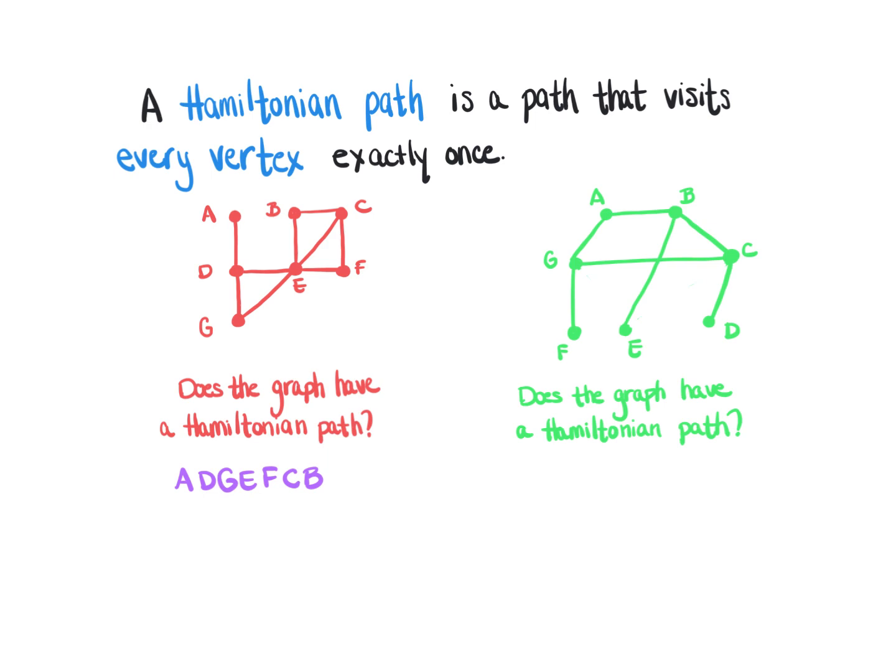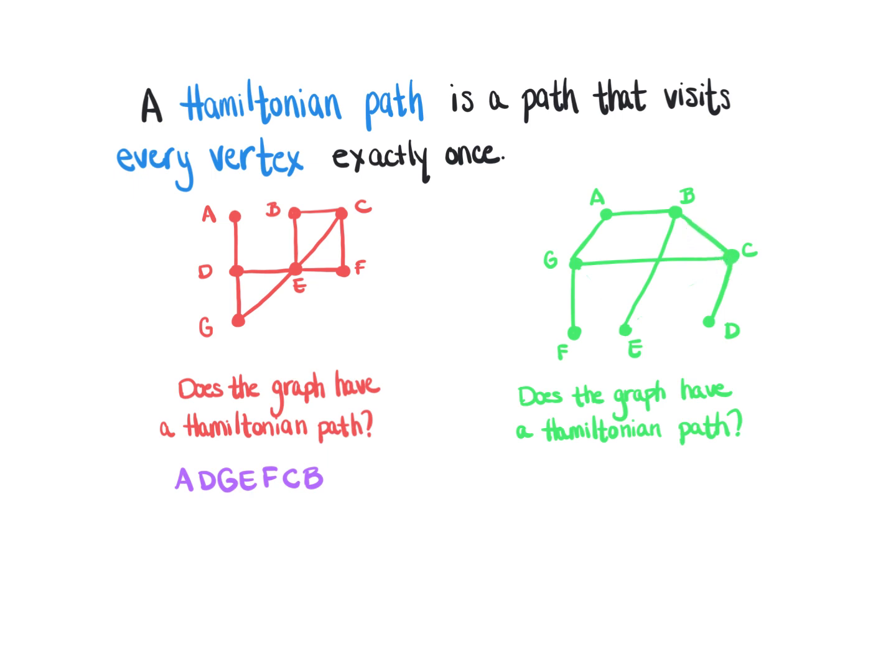As you look at this one, one of the things that you might notice is that we have three vertices here, all of degree 1: F, E, and D. In order to follow the Hamiltonian path, we have to visit every vertex, but there's no way to get out, if you will, of F or E or D once you go in.